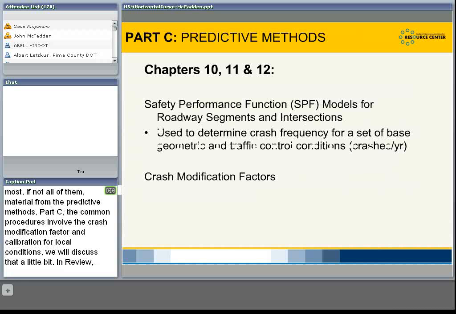In review again from previous webinars, the safety performance function model by definition the site meets a certain set of base conditions, and then we would adjust those base conditions to reflect the prevailing condition using crash modification factors.